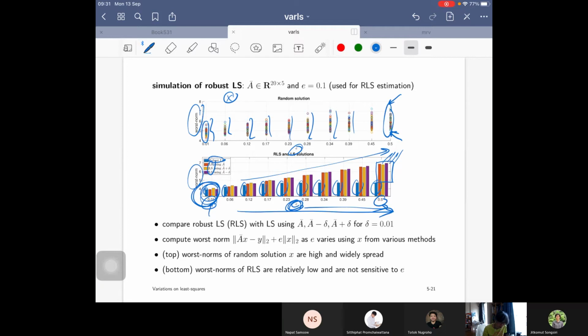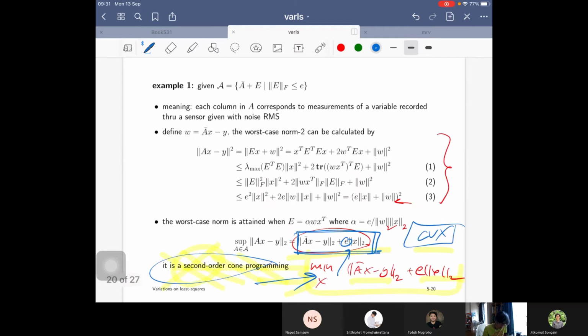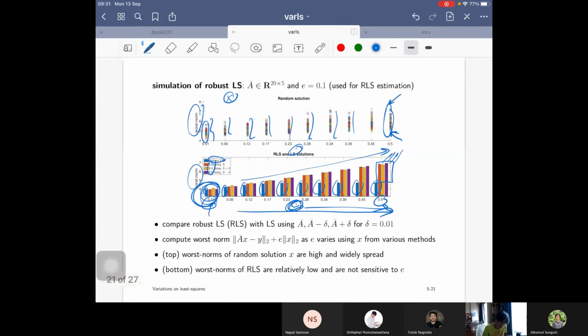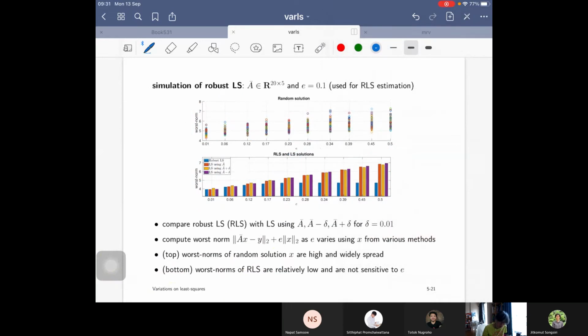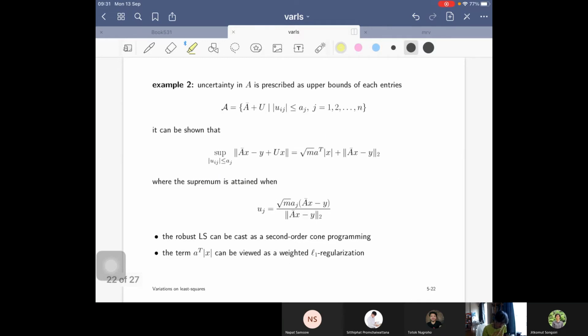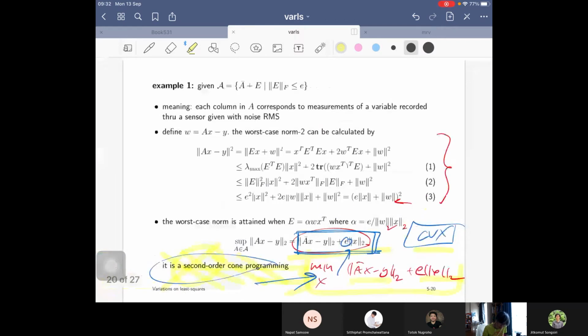That is the conclusion: using the worst case robust least square has a benefit that when the uncertainty degree is large, your solution is going to be robust to that uncertainty. Next, I would like to give some examples.